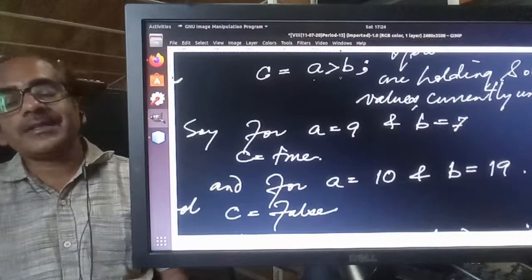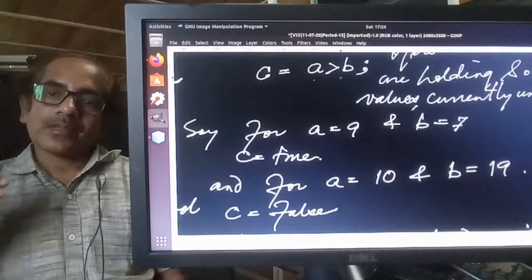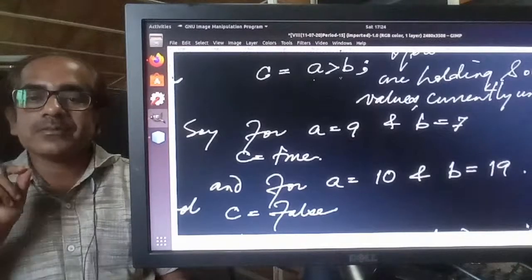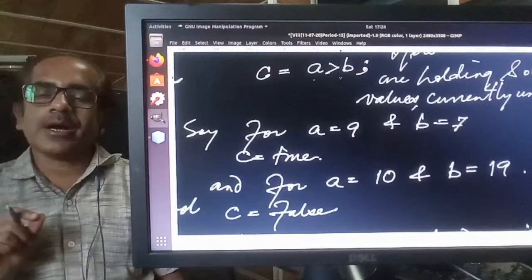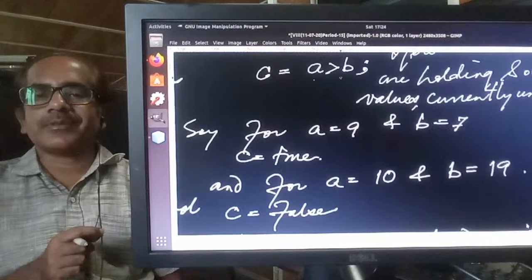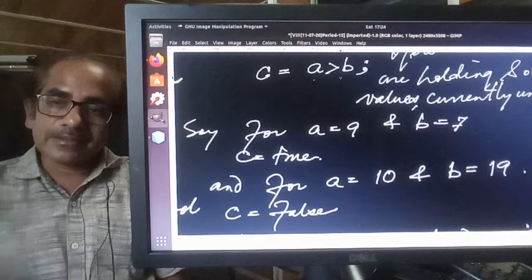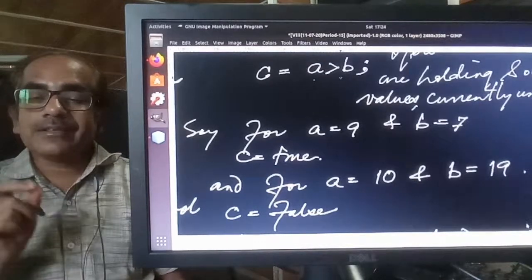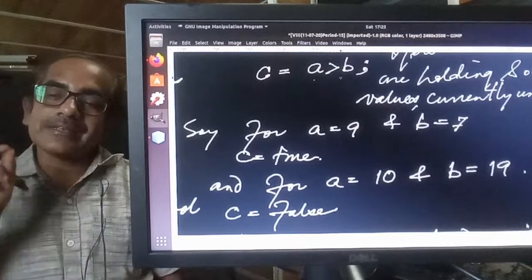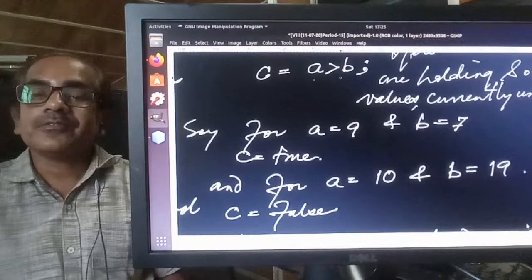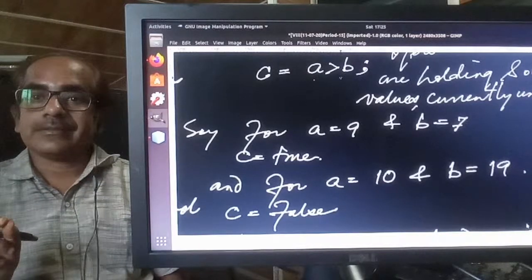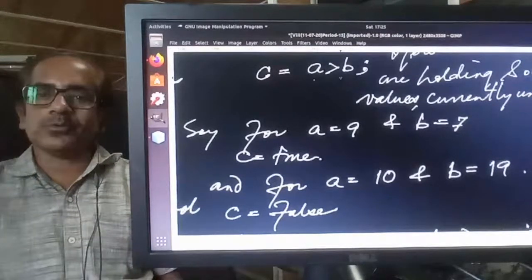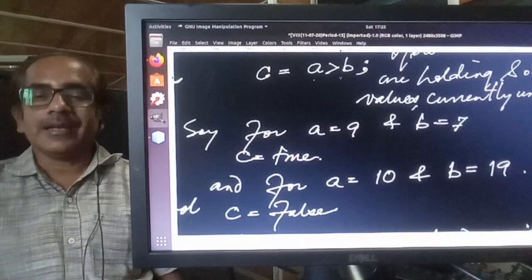Along with that, I told you that when a particular test appears false, like you are checking whether a number is greater than another or not, and it comes false, then only the other options of comparison are left.